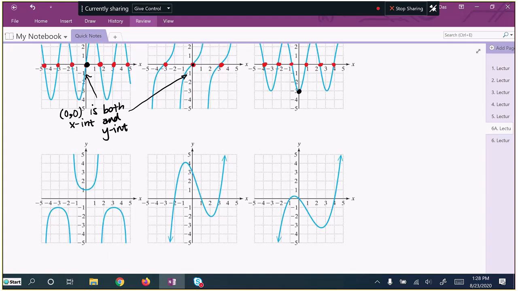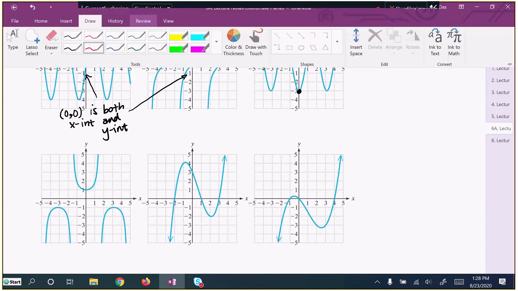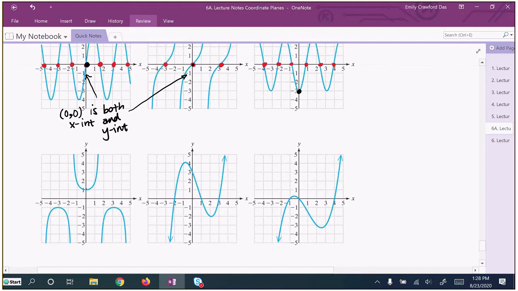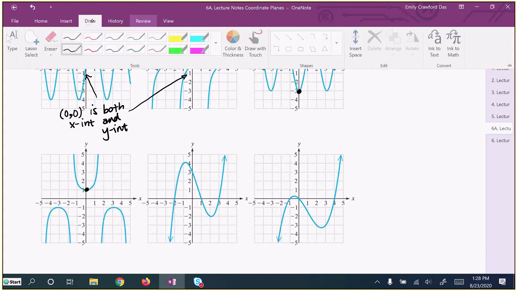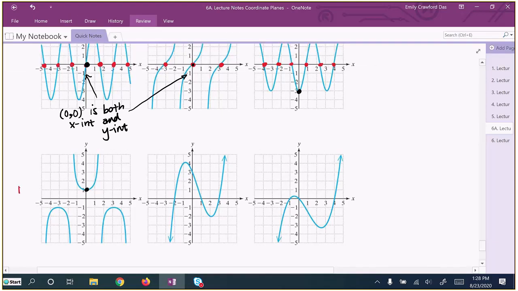Now, the fourth graph here, we have a y-intercept where the graph crosses the y-axis. And the graph is symmetric with respect to the y-axis. Clearly, it was an even function. But if we look, we actually don't find any x-intercepts at all. And that's perfectly okay.